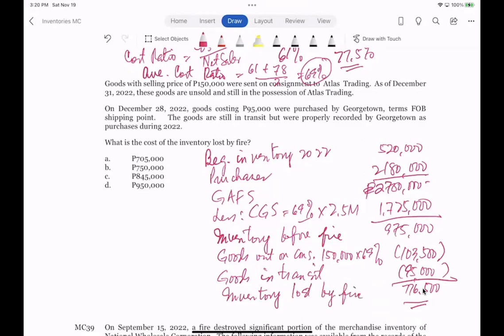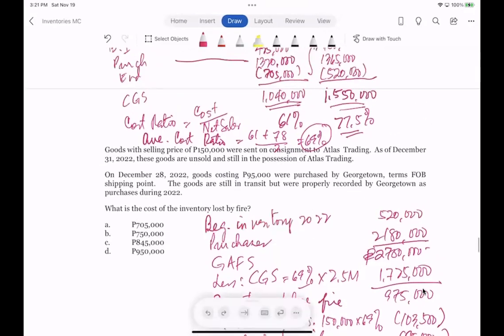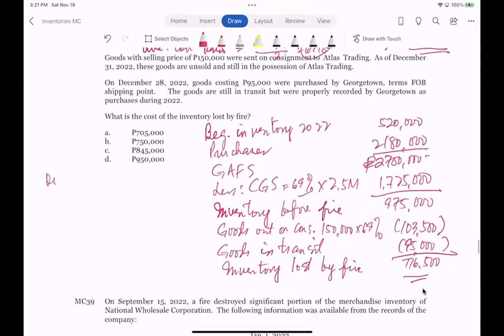Therefore, instead of using the average gross profit, let us try another method. Let us use overall gross profit. So compute for overall GP for 2020 and 2021.